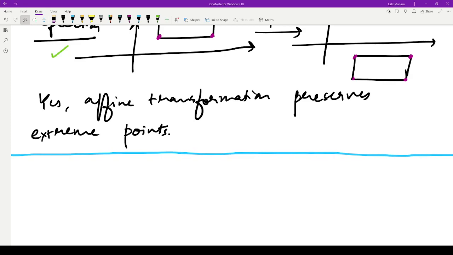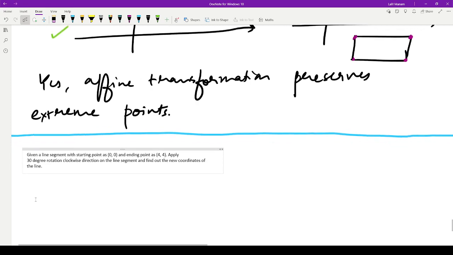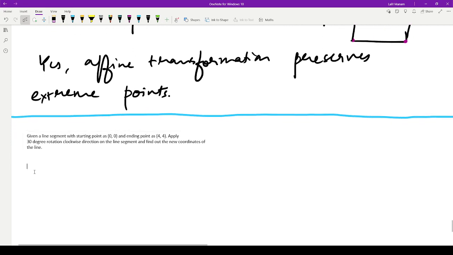So we'll move on to the next question since we are doing transformations. Maybe one more small short question on transformation. Someone was saying about rotation matrix in 2 dimensions. Okay, so we'll try this question.